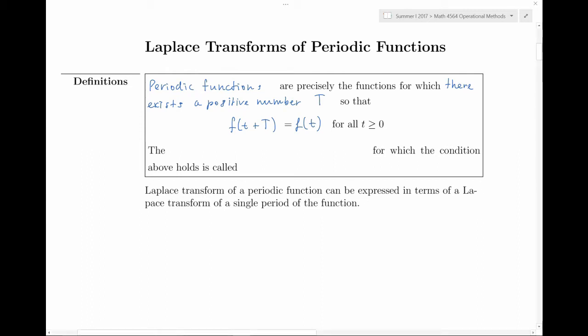The smallest possible number T that makes the expression above hold is called a fundamental period.